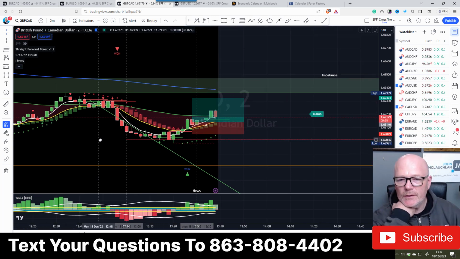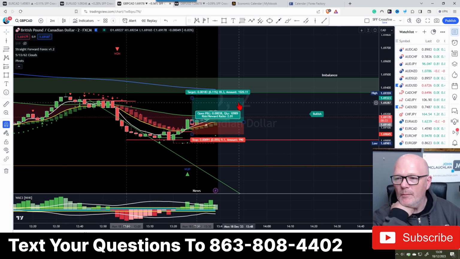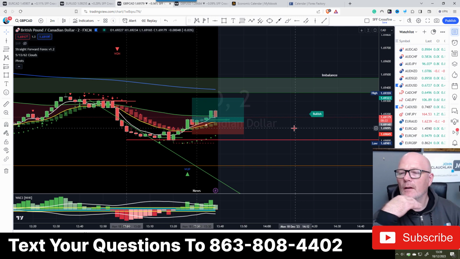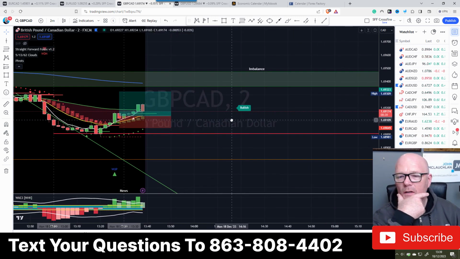However, previous highs was the bottom of the imbalance, so above the 62 to the bottom of the imbalance is 16 pips. Generally speaking, we've got a fairly nice amount of free air.